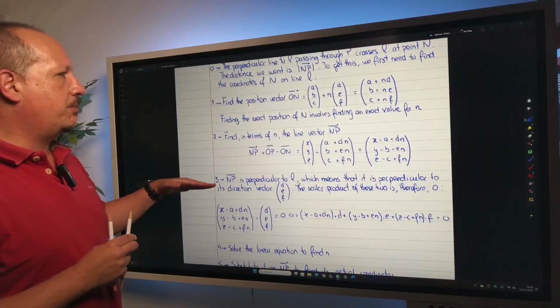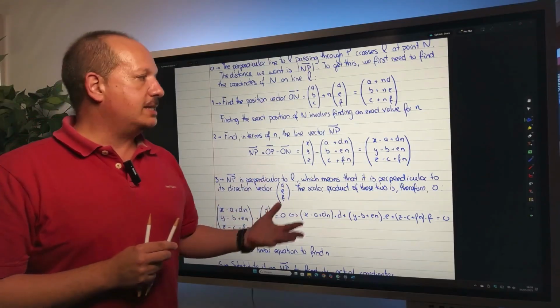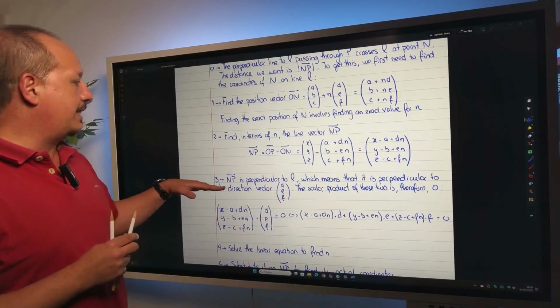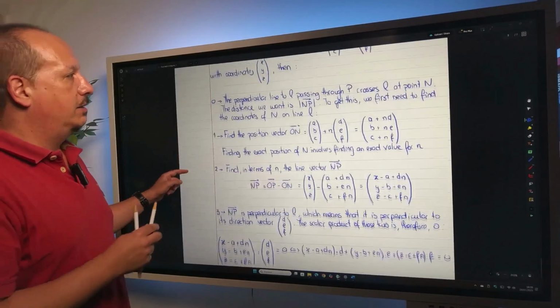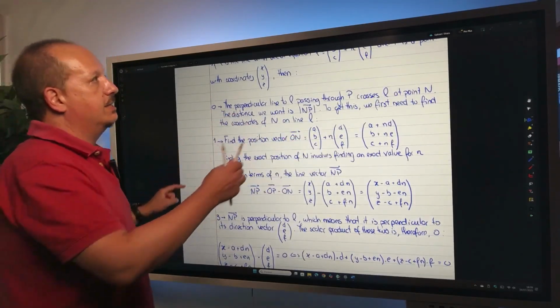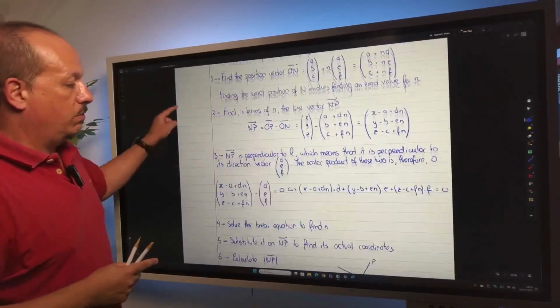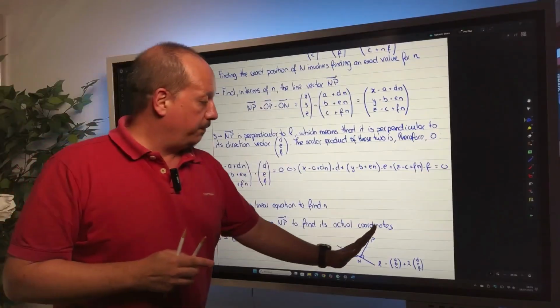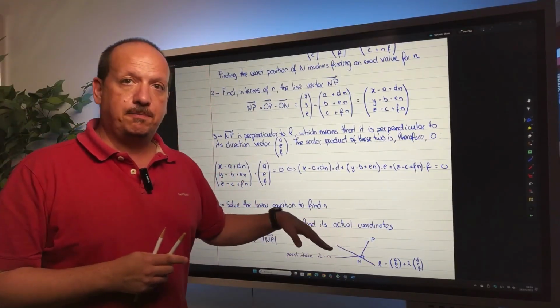Now, step 3. NP is perpendicular to L, which means that it is perpendicular to its direction vector, the d, e, f. This is the direction vector of line L. So we know that NP must be perpendicular to that.